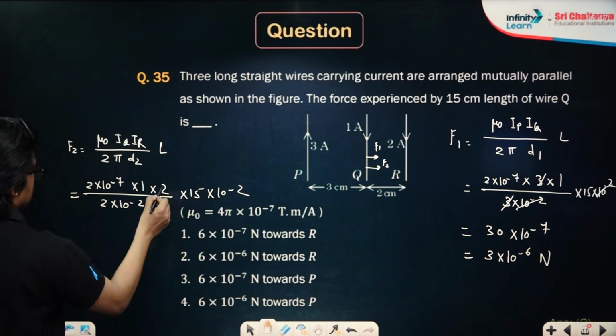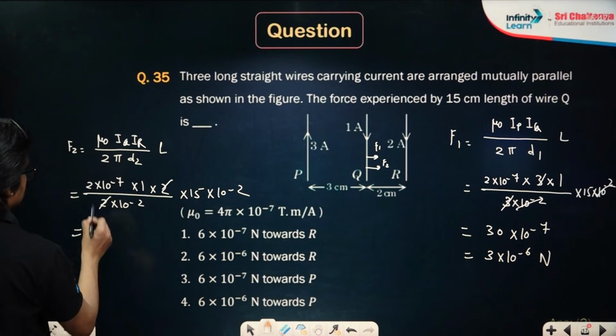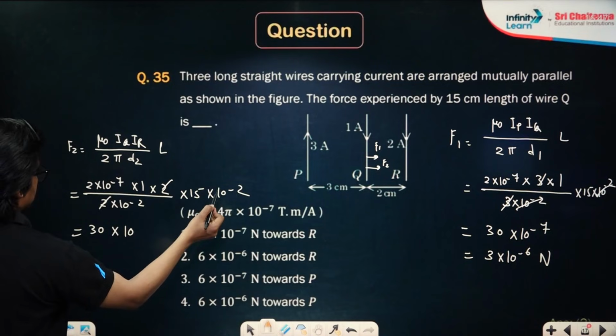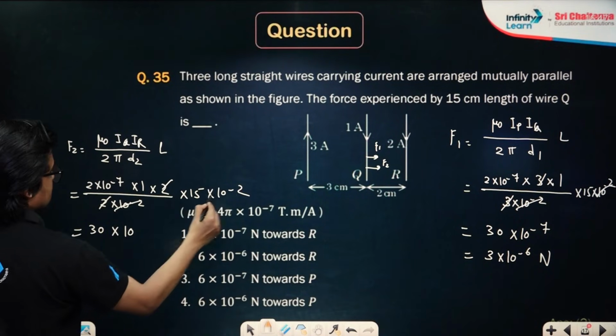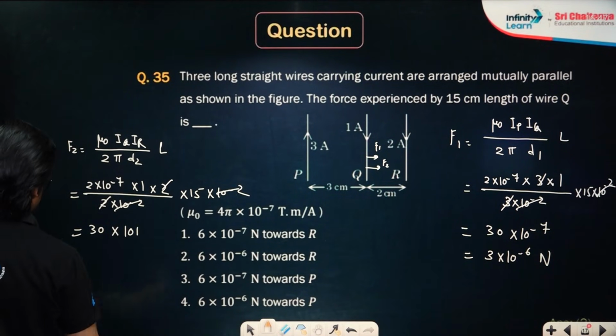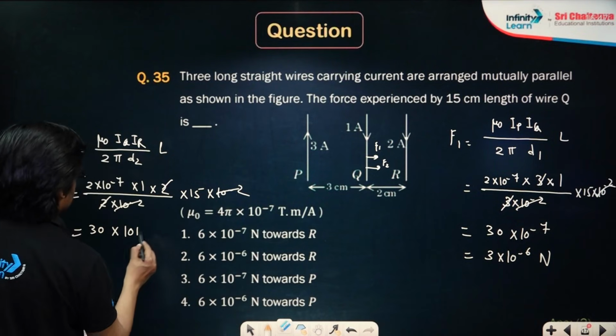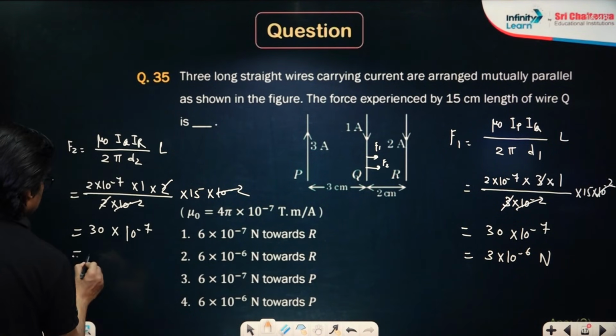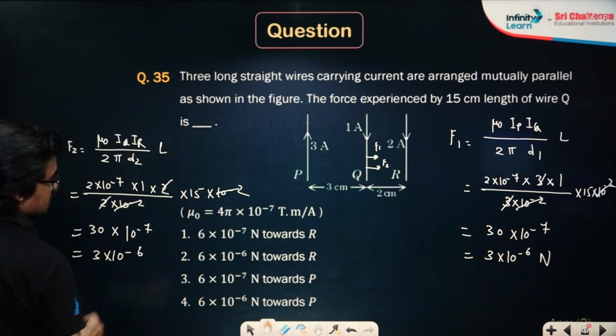If you calculate it, 2 and 2 cancelled out. So 2 into 15, that is 30, 30 into 10 raised to the power minus 7, again the same force is acting. So this is equal to 3 into 10 raised to the power minus 6.